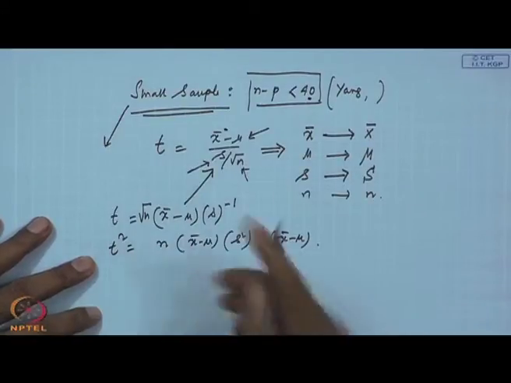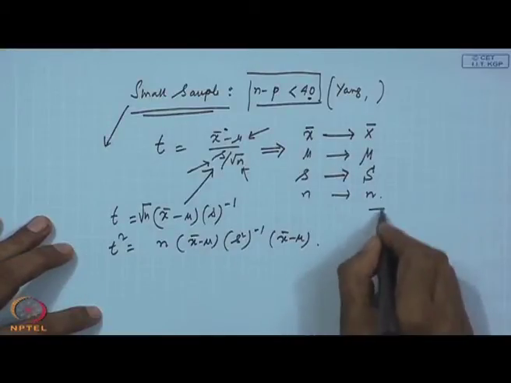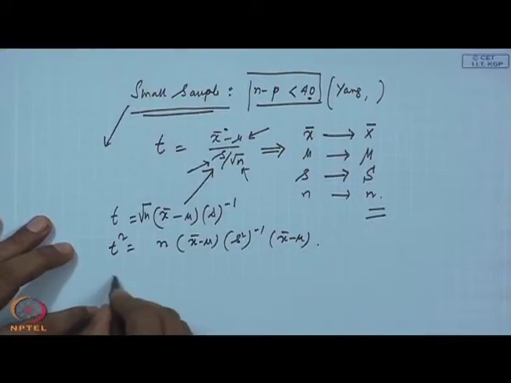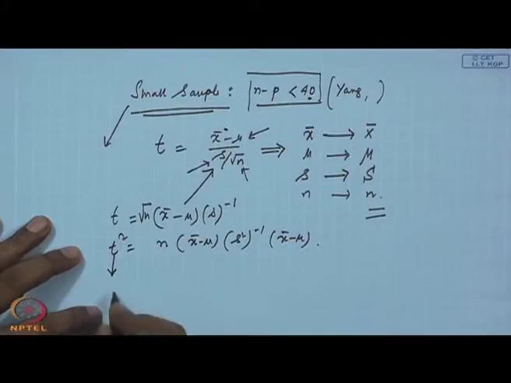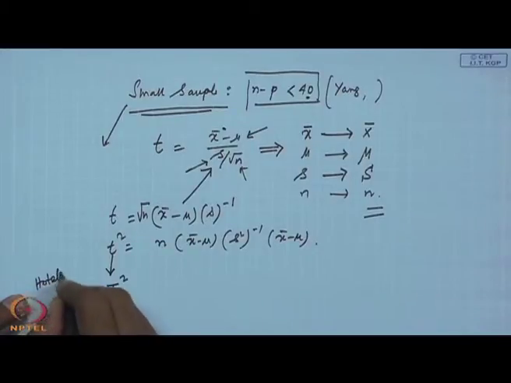Now, like the multivariate normal distribution we developed using the univariate normal distribution, here also we will use a similar formulation. So, instead of this T square, we will write capital T square, which is known as Hotelling's T square.